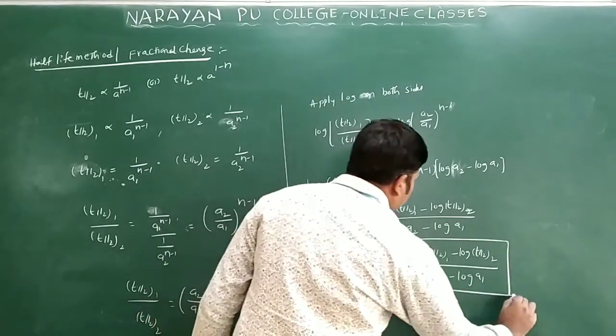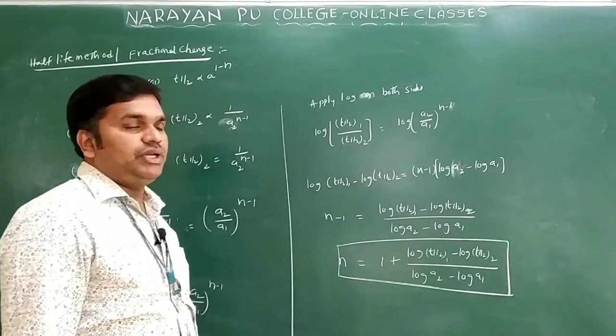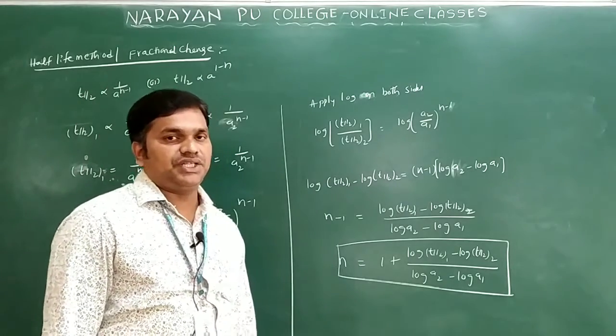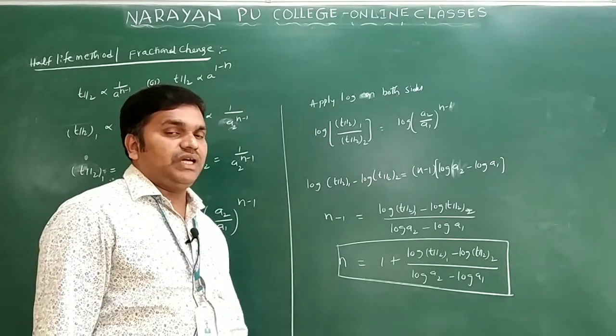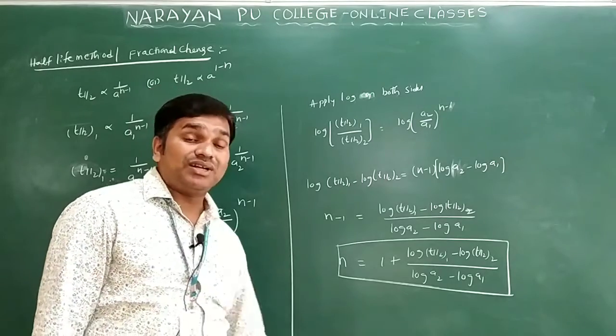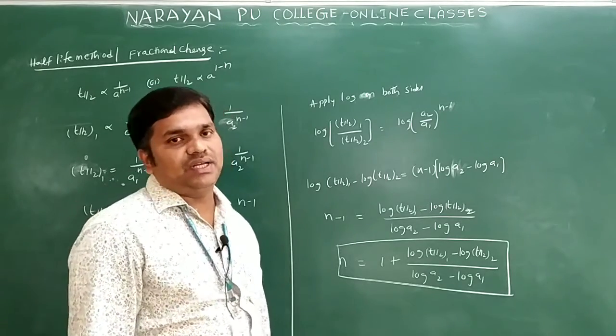Log A2 minus log A1. What are A1 and A2? A1 and A2 are the initial and final concentrations, and t1 and t2 are the initial and final time intervals. So what are we finding? n. What is n? n is the order of the reaction. Clear?